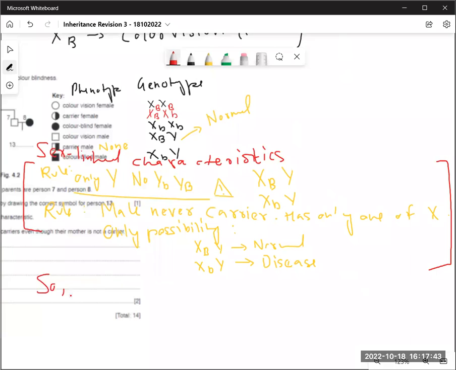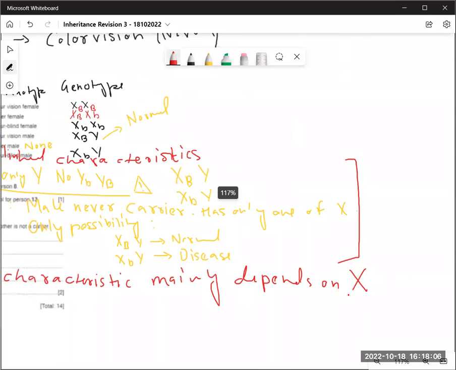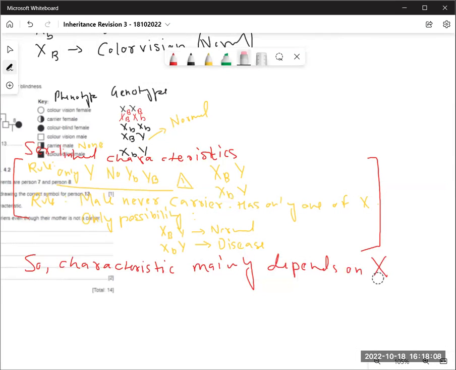So at the end, let's say the characteristic mainly depends on X. Let's say mainly depends on female, or let's say X. X is fine.